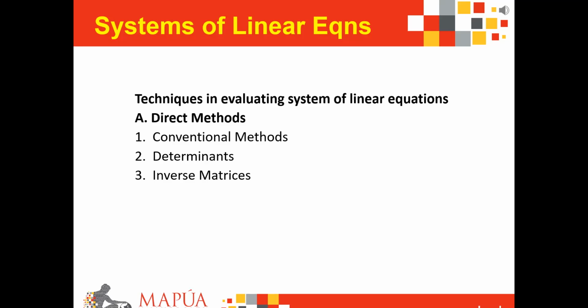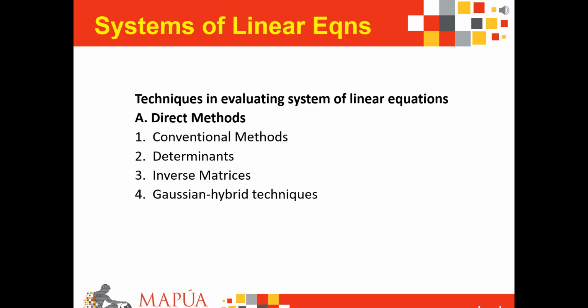Several techniques in evaluating inverse matrices were also introduced during your previous math, like the inverse matrix formula, which is equivalent to 1 over the determinant value multiplied by the adjoint A transpose, or the row by row transformation that evaluates your inverse matrix by augmenting your given matrix A with a unity matrix.